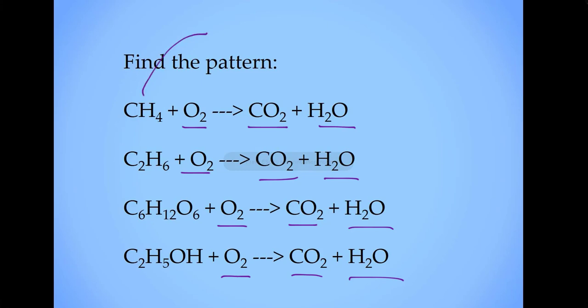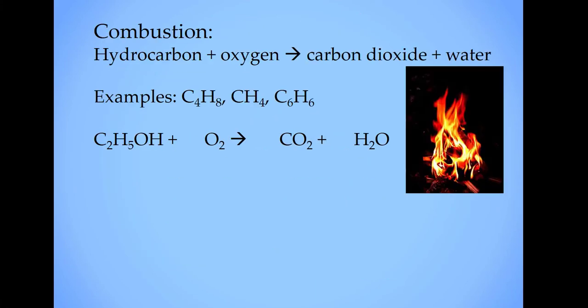These are called hydrocarbons, and they can have oxygen or not. But anyway, you take a hydrocarbon and you react it with oxygen, and that yields carbon dioxide and water. Again, these aren't balanced, but this is the pattern for combustion reactions.